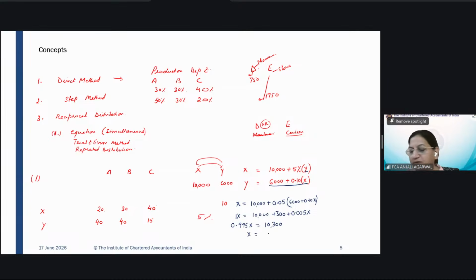X becomes, you can use your calculators to solve this, 10,300 divided by 0.995, and it is 10,351.78. So I'll round it off to 10,352.